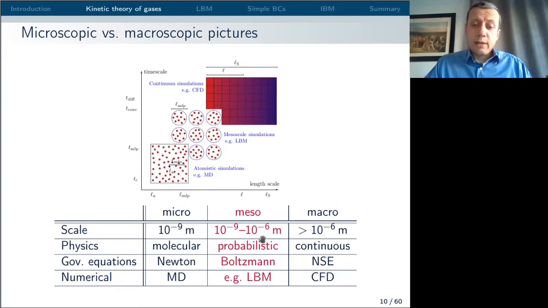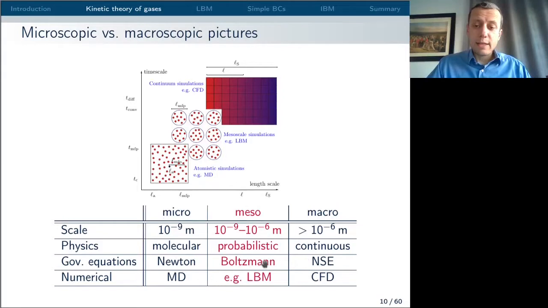In between, we call this the mesoscale, meso from Greek, middle. The scale is somewhere between nanometer and micrometer. The physics is probabilistic, which means we are not really interested in single atoms, but we are interested in the probability of atoms to, for example, have a given velocity or speed. The governing equation is the Boltzmann equation, and I guess that most of you have seen Newton's equation of motion and the Navier-Stokes equation, but not necessarily the Boltzmann equation.